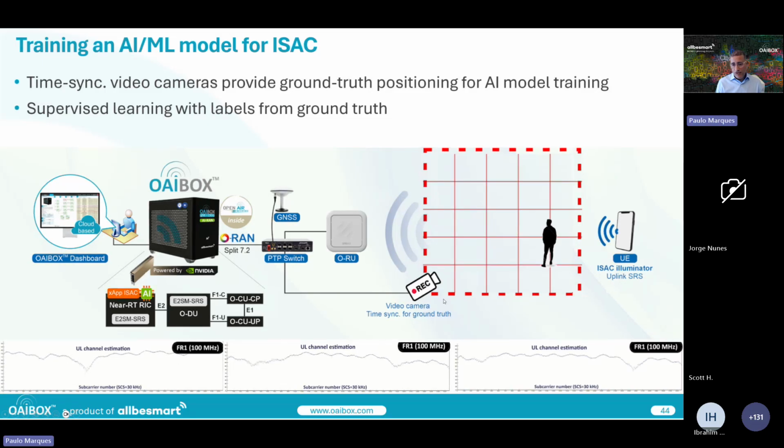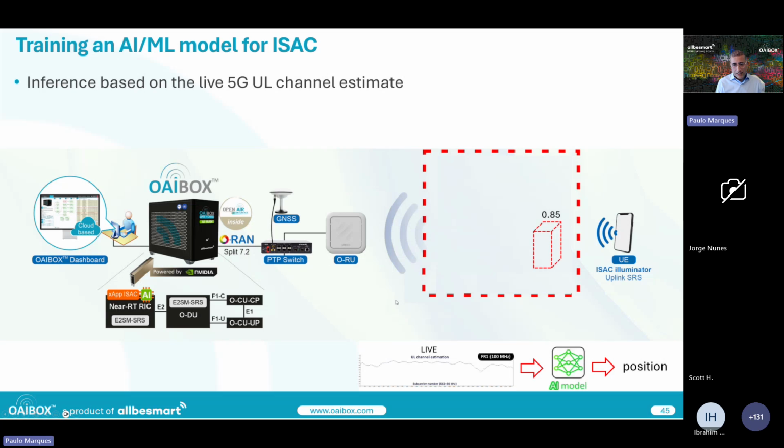If you have a video camera system to record the position of a person, and then you train the model with this ground truth, using, for instance, supervised learning, you can remove the cameras and, using now the live uplink channel estimation with the AI model, you should be able to detect the presence of a person with a specific confidence level.